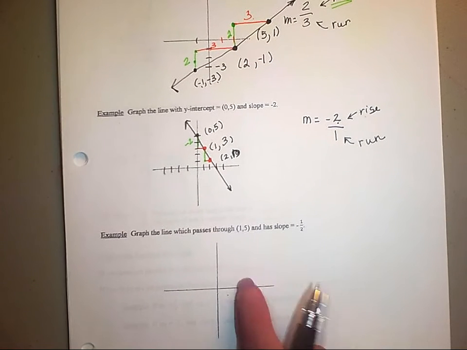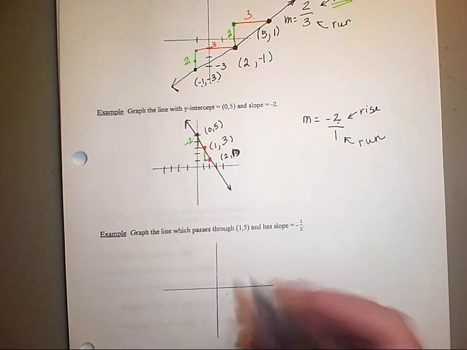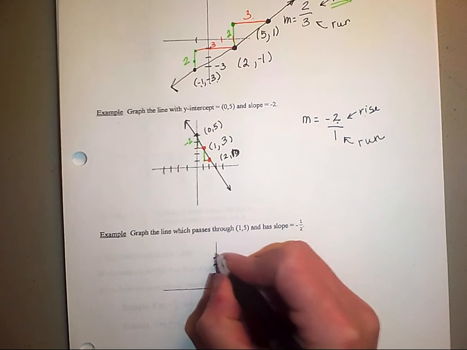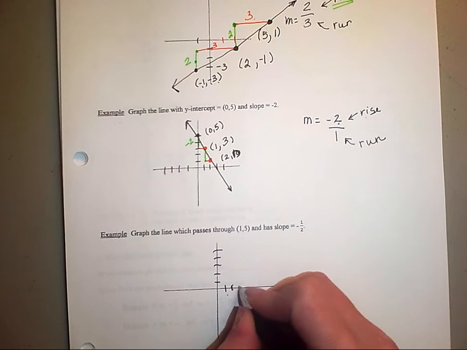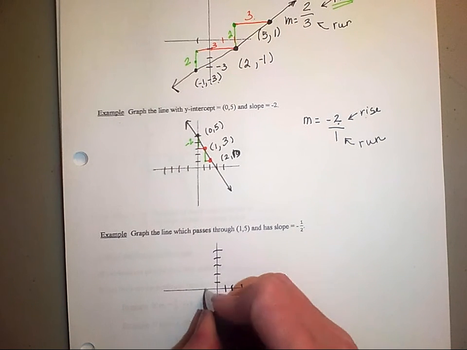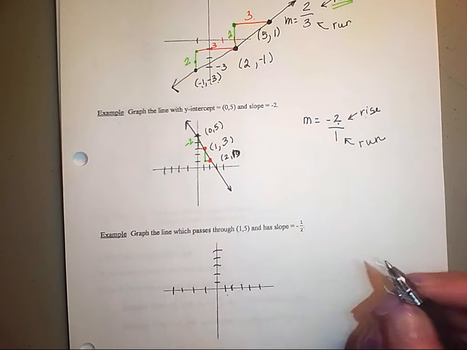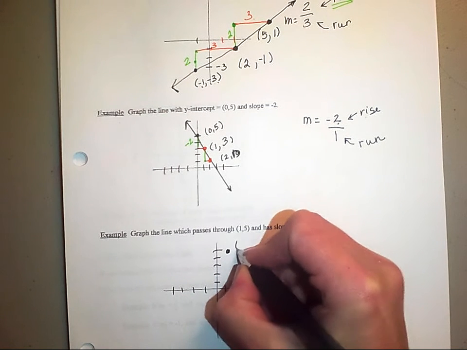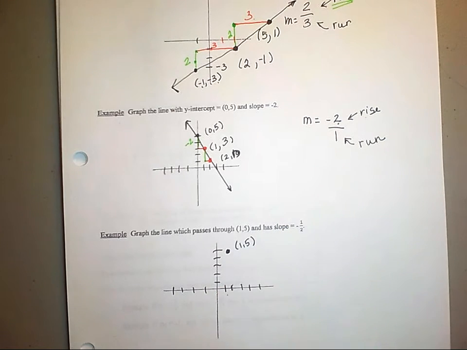Now, let's look and plot this point. So we need to be at (1, 3). Let's put a few more hash marks in here, just to help us a little bit. So here's the point (1, 5).